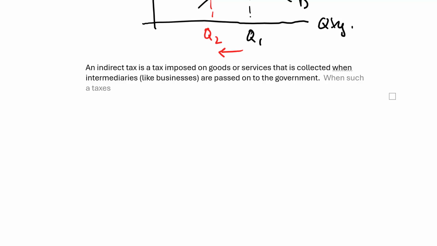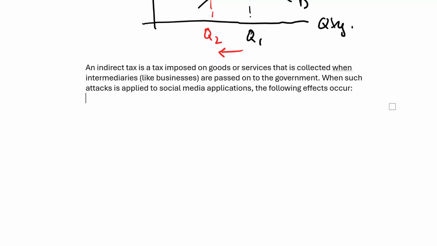When such a tax is applied to social media applications, the following effects occur. Supply curve shifts upward, left.